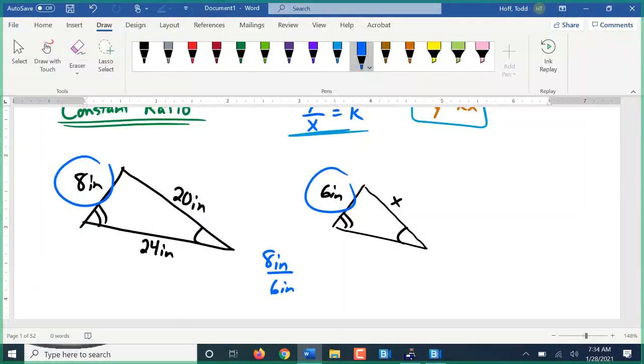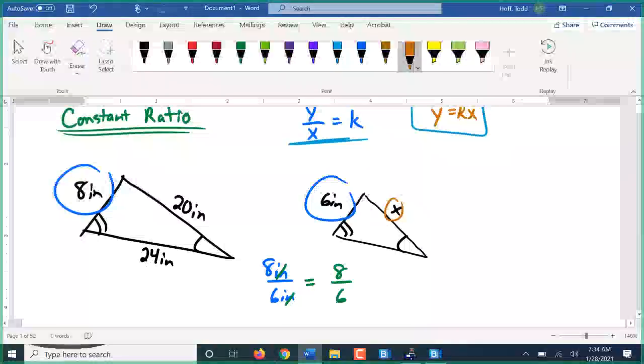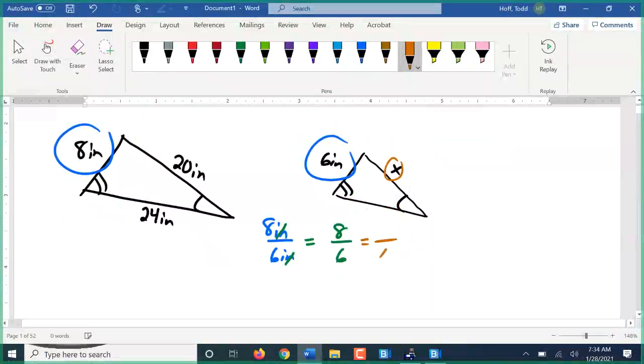Well, because this is a direct relationship, that ratio stays constant. I can cancel out the inches. I could have divided by 2, but I'm going to save myself the effort. I don't really need to do that. If I want to find x, x comes from the same figure as the 6.